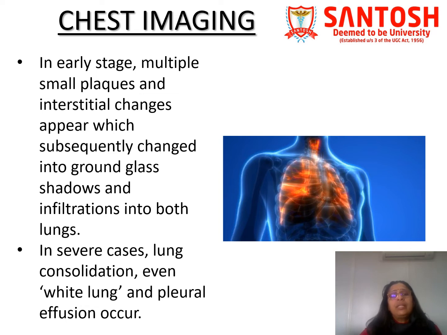For example, in the early stage, multiple small plaques and interstitial changes appear, which later on change to ground glass shadows or infiltrations into both the lungs if the lower respiratory tract is involved. And in severe cases, we can see a consolidated lung on chest imaging. This could appear as a white lung, and we can even see pleural effusion occurring in the lung fields.